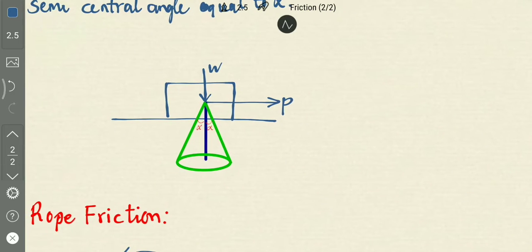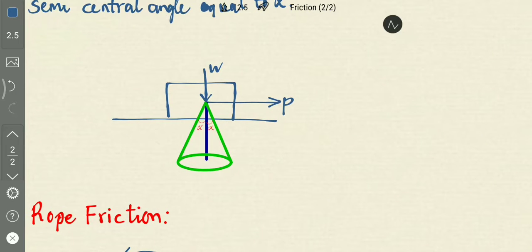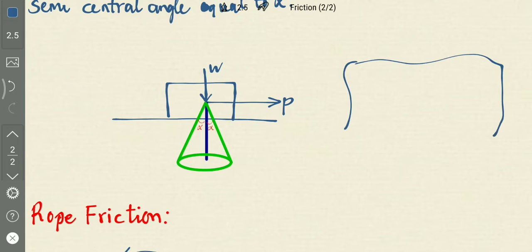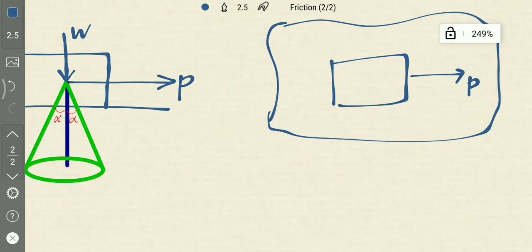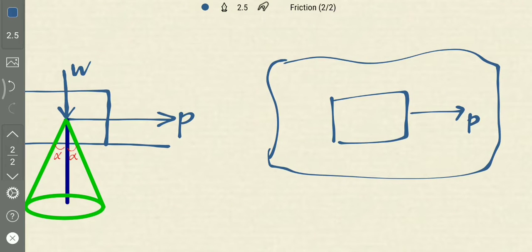If we see here, there is a body on a surface, and if I draw a top view, and this is the top view, let us say first force is applied here in this direction, and next here, next.